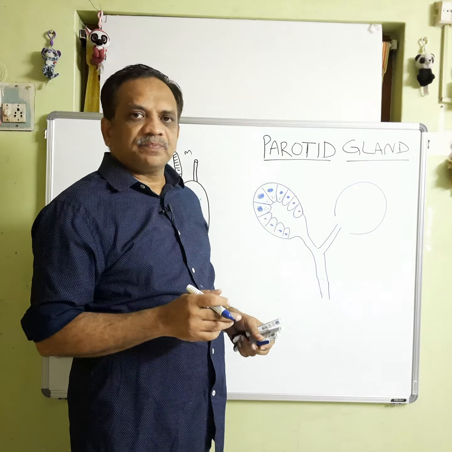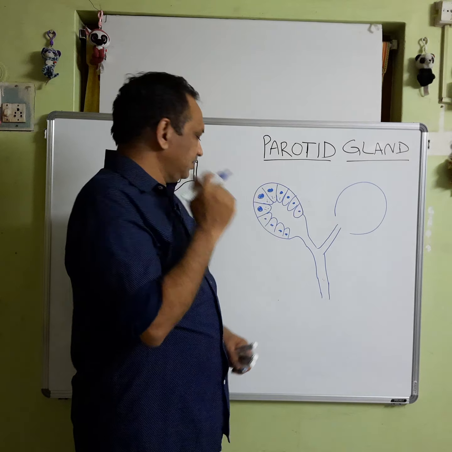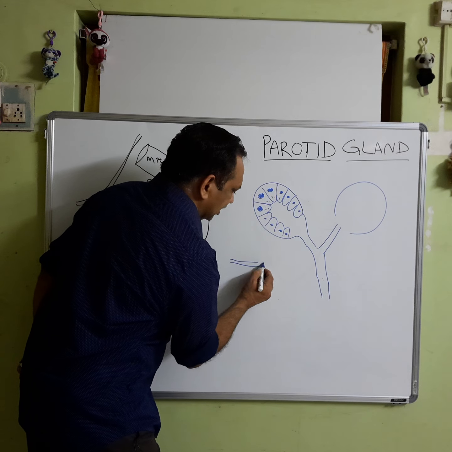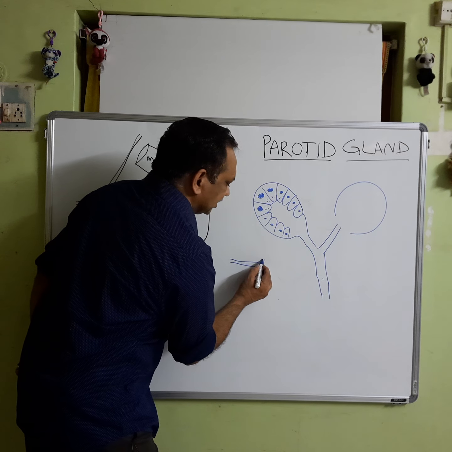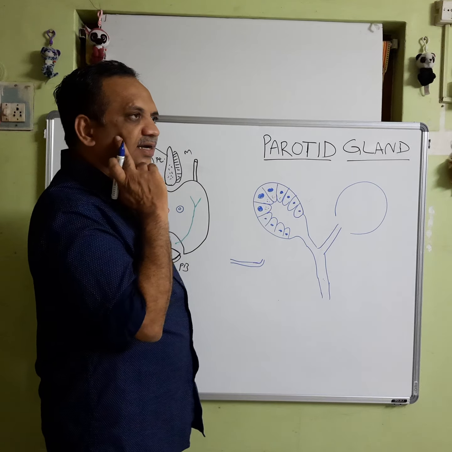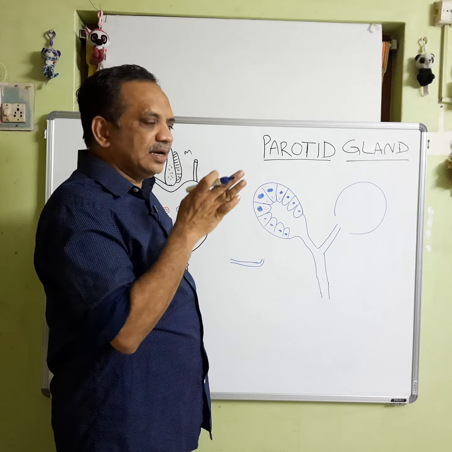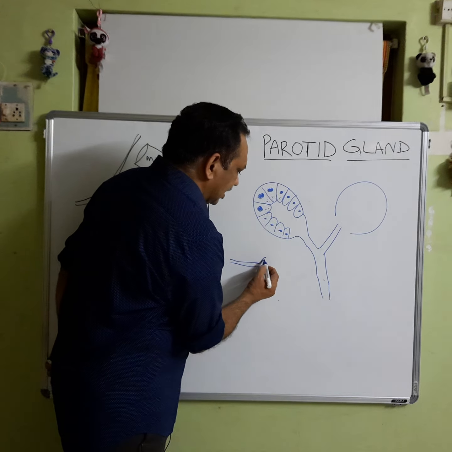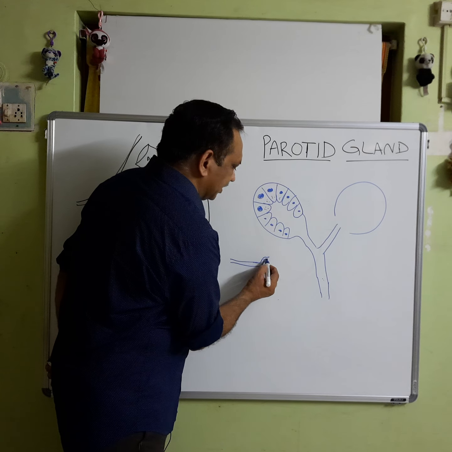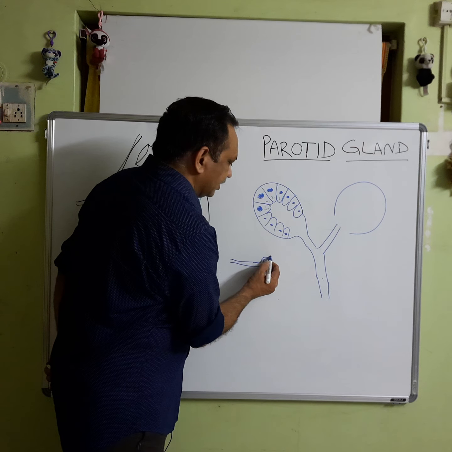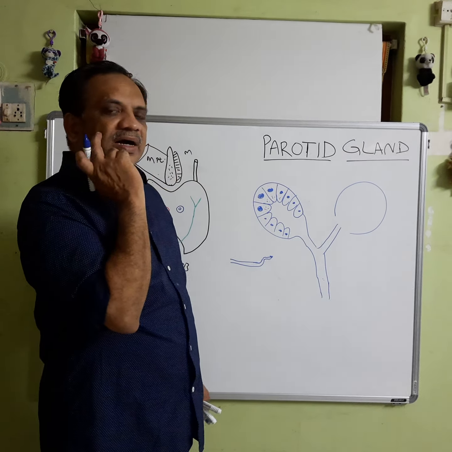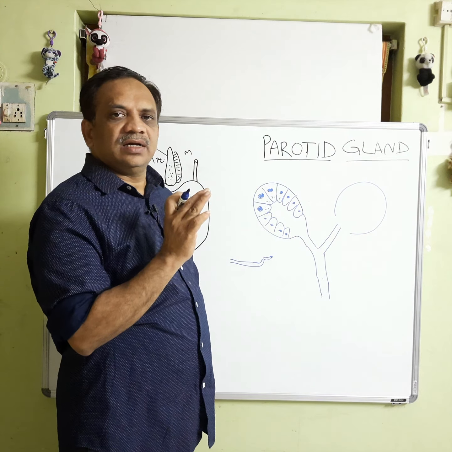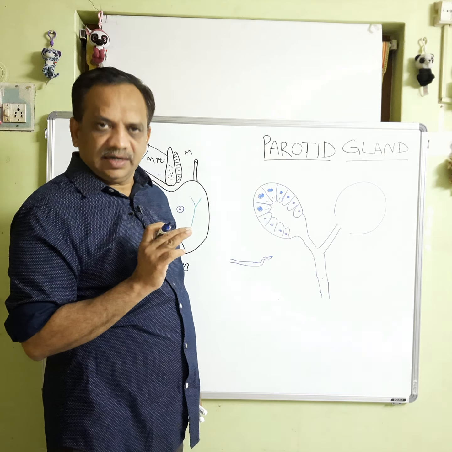The parotid duct crosses the masseter muscle, then after crossing the masseter muscle, it turns medially and pierces the buccal pad of fat and the buccinator muscle. Then under the mucosa, it turns forward and goes about 1 centimeter, then turns medial again and opens into the buccal cavity on a papilla opposite to the crown of the second molar teeth.